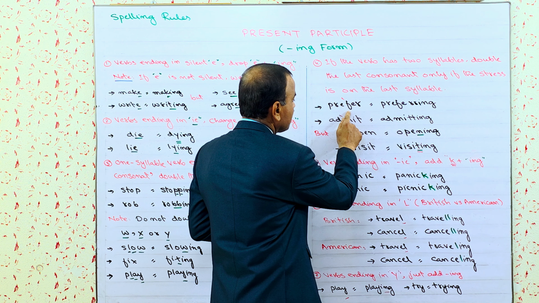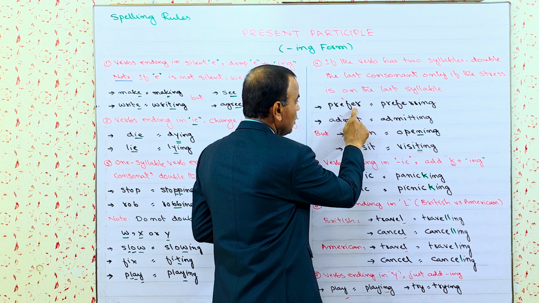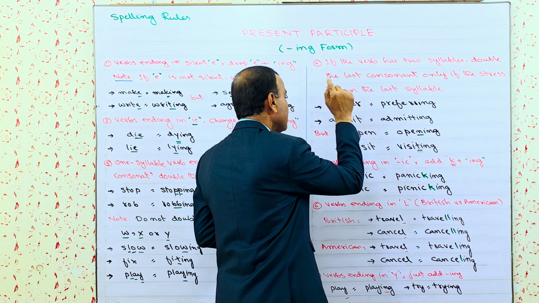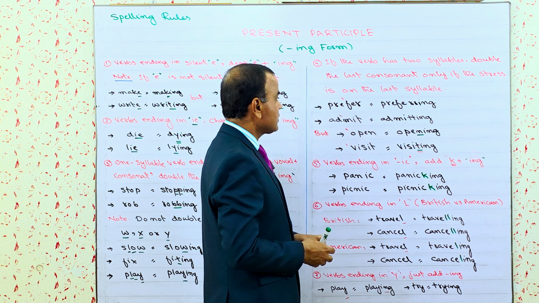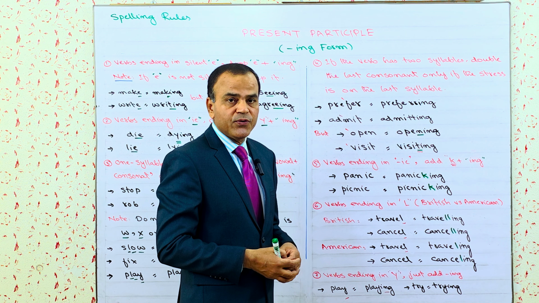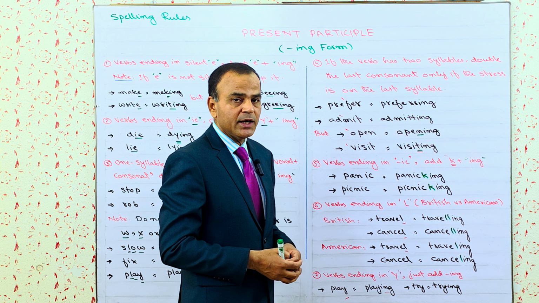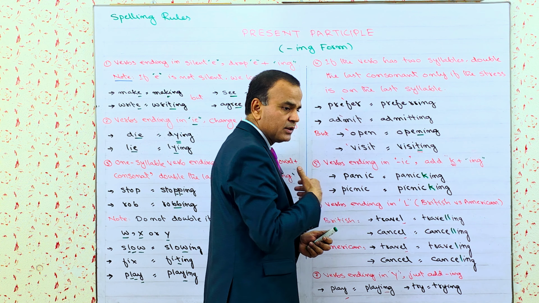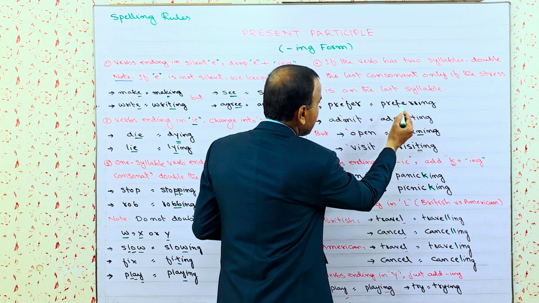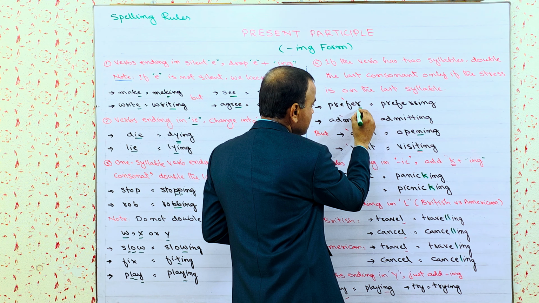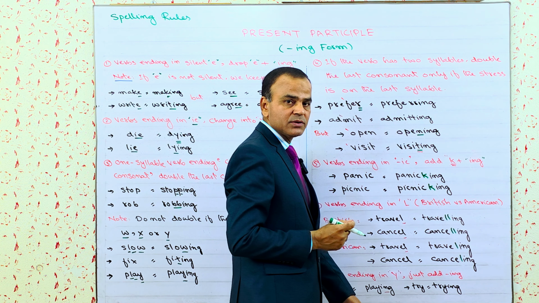As in prefer: consonant, vowel, consonant, but the stress is on fer, the second syllable. So the pronunciation of this verb is prefer. Fer is more stressed than when I'm adding ing, so this last R will be doubled.